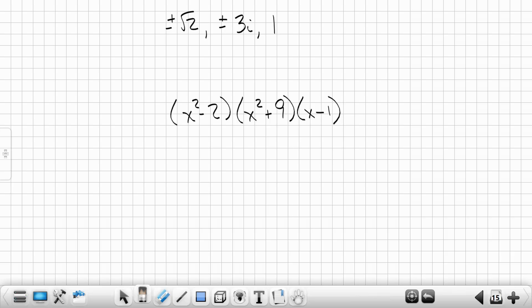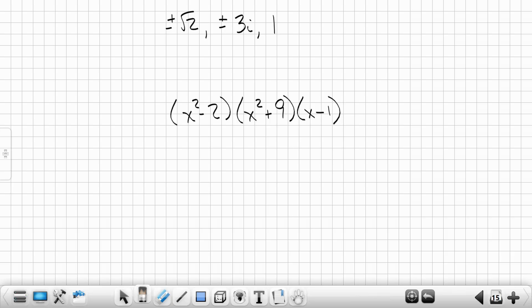So in your book, it might tell you that the roots were negative square root 2, positive 3i, and 1. If it only says positive square root 2, there's a negative square root 2 there as well. They're just trying to fool you by trying to make you not realize that there's a partner that comes with it. If they tell you negative 3i is one of the roots, well then positive 3i was also one of those roots.